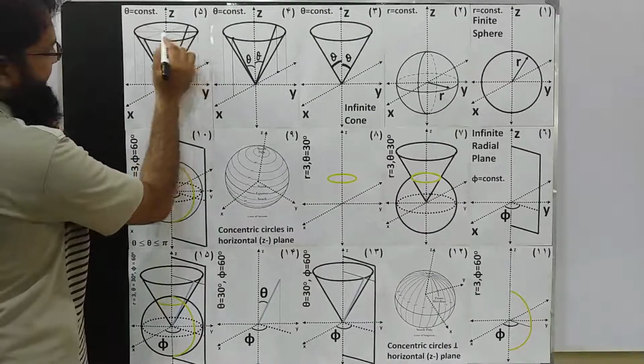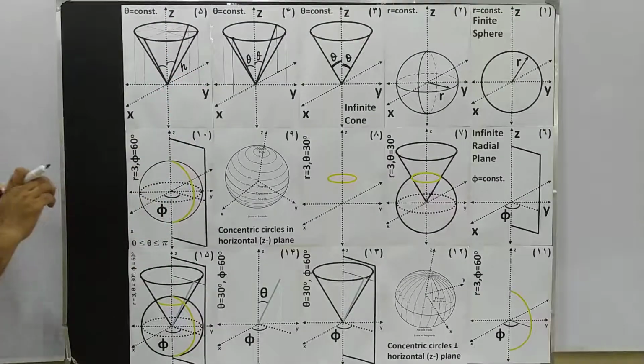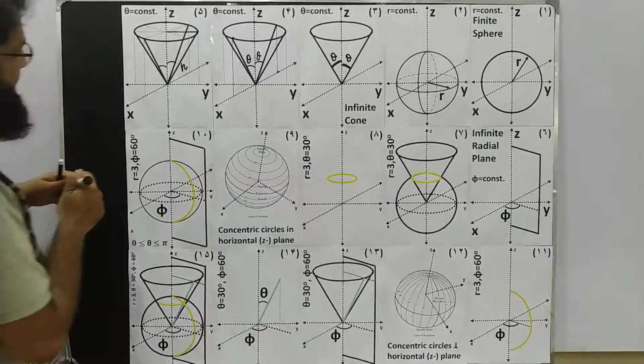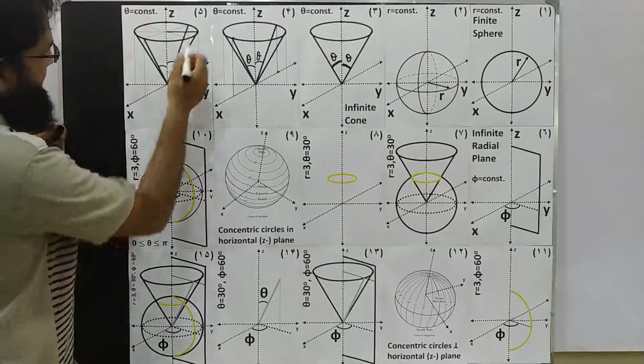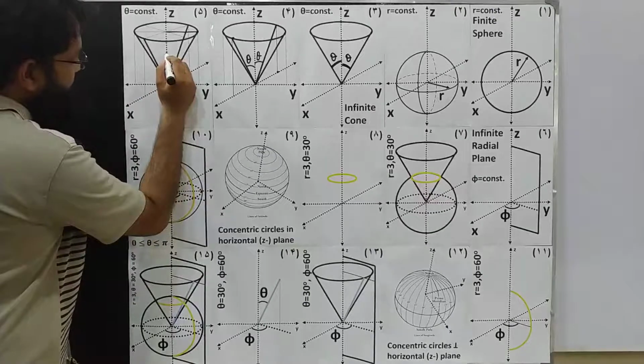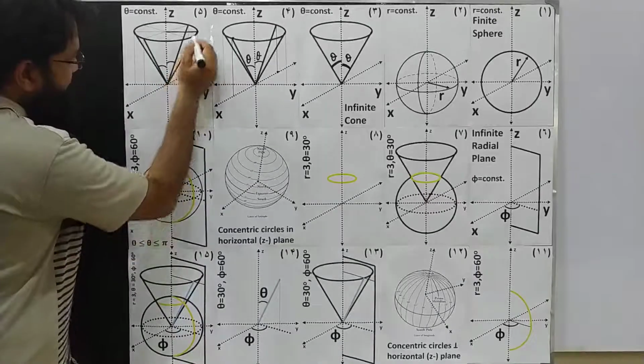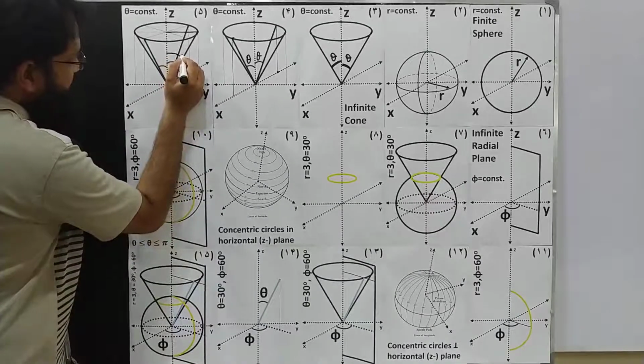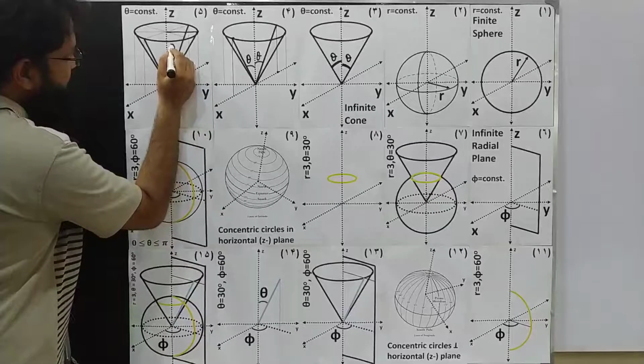The radius of the circle can be found because we know that this line is making an angle theta with respect to the z-axis.